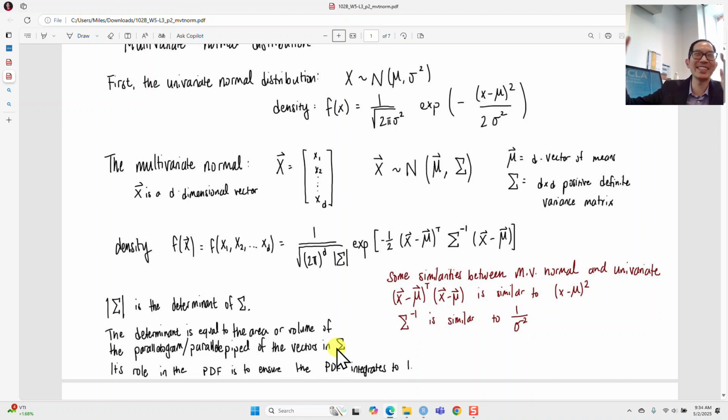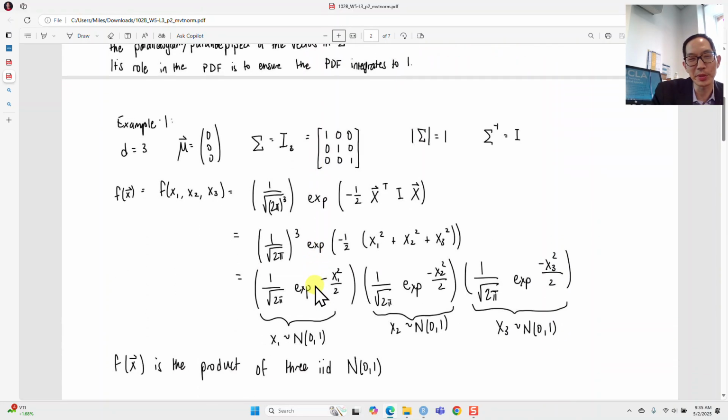Is that what it's called? I don't know, right? Parallel prism thing, or hyperprism, I guess, and it's whatever volume is there. And basically this is here just to make sure everything integrates to 1. This is just some arbitrary constant so that the whole thing integrates to 1.